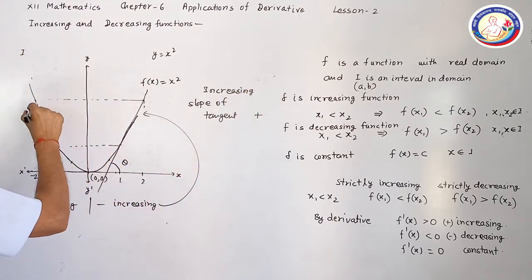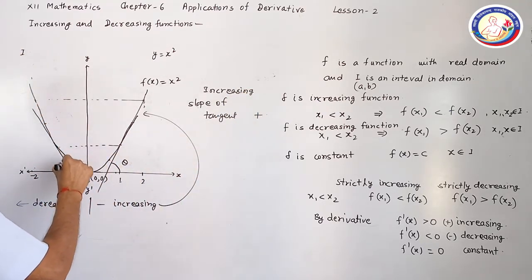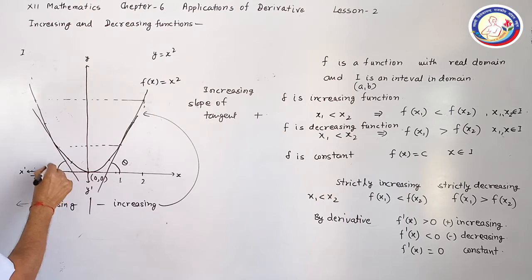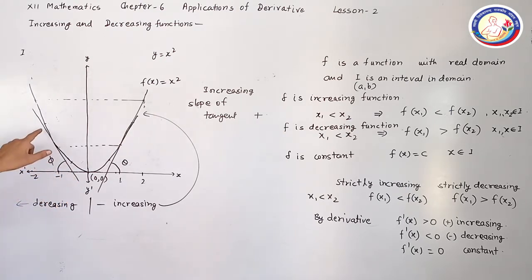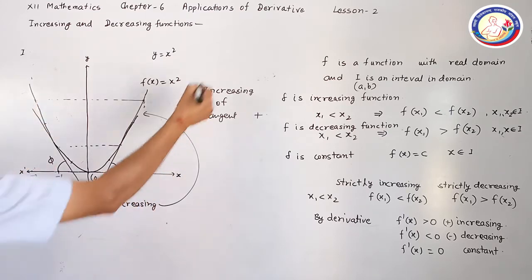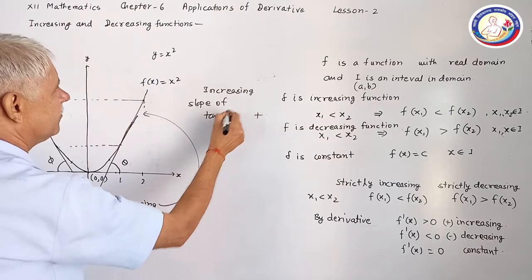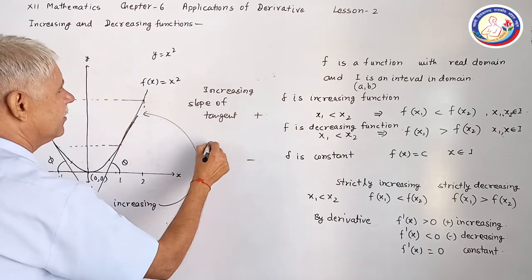And see here, say this is phi. The angle this tangent makes with x-axis is from negative direction. So the value of tangent will be negative in second quadrant, and hence the slope of tangent will be negative for decreasing function.